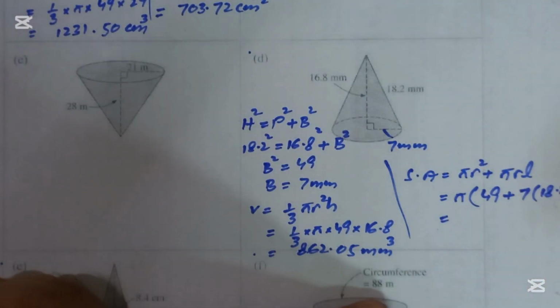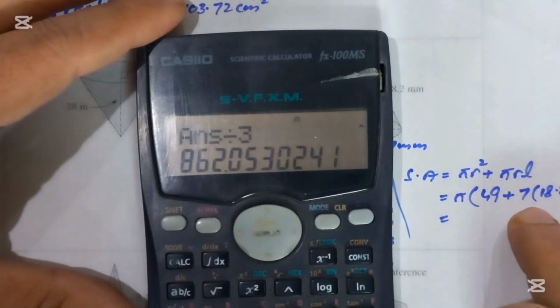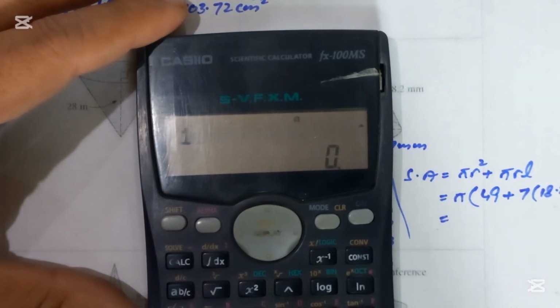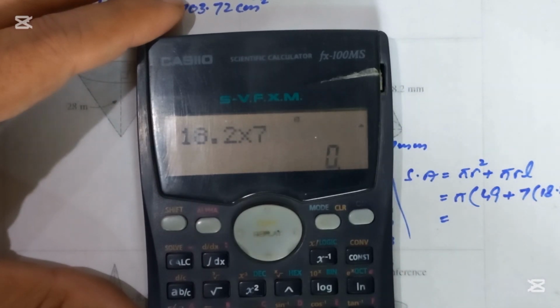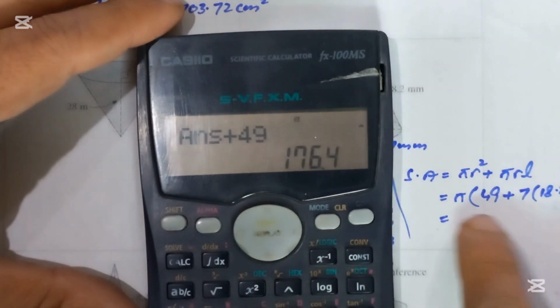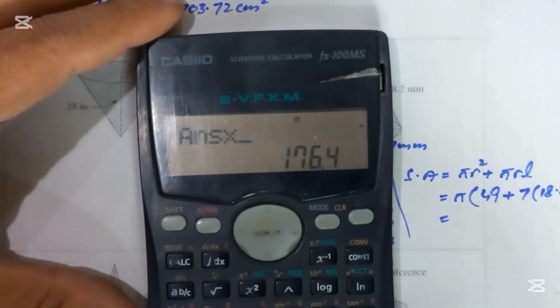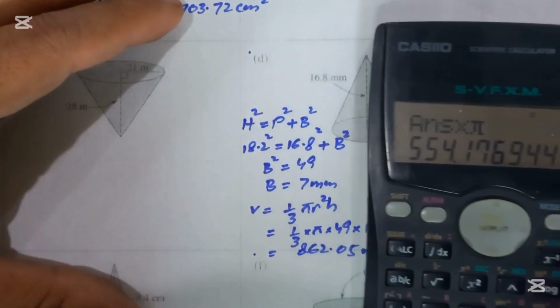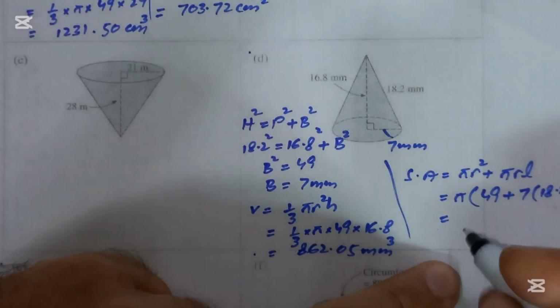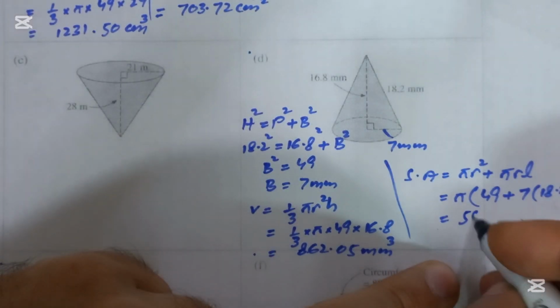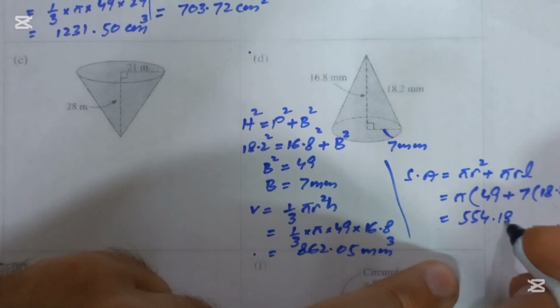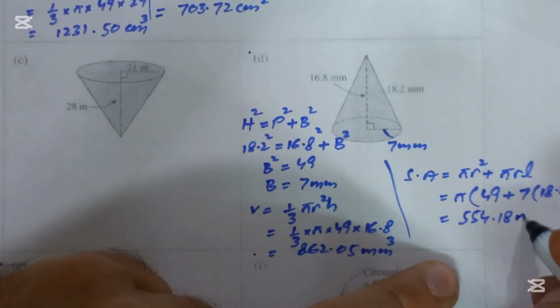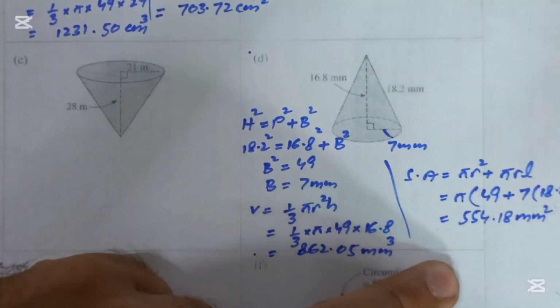So this will be solved on the calculator now. 18.2 into 7 plus 49, multiplied by pi. So the answer is 554.18. The unit will be millimeter square.